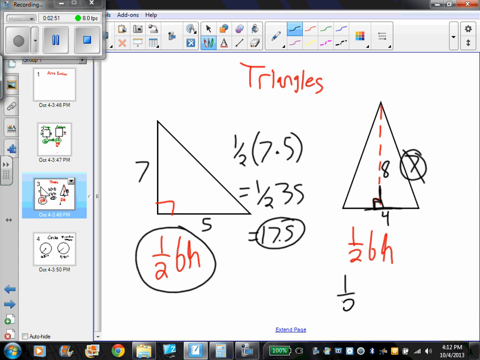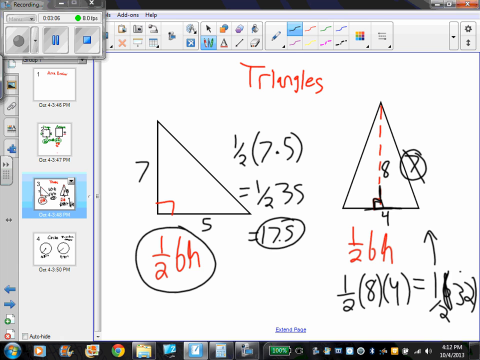So we're going to have 1/2 times 8 times 4, which is 1/2 of 32, which ends up being 16. So that's triangles really quickly.